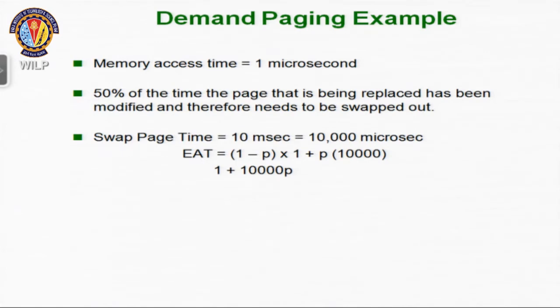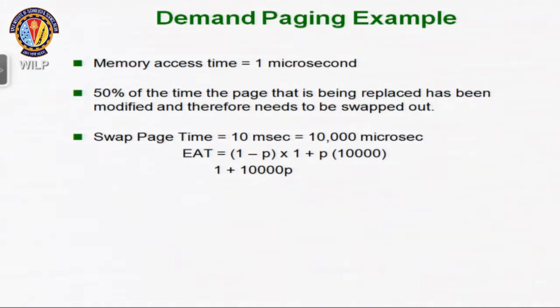So if we just try to take an example, we say that memory access time is 1 microsecond, and we say that 50% of the time the page that is being replaced has been modified and therefore needs to be swapped out.